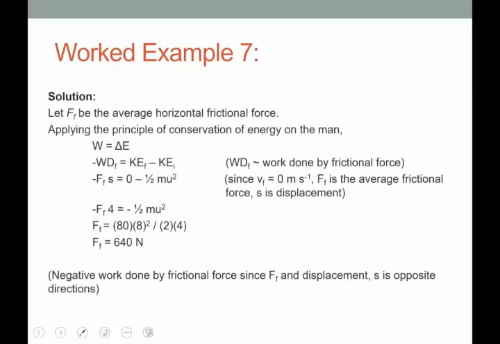So the solution: if we let F be the average horizontal frictional force, we apply the principle of conservation of energy on the man. Work done by friction is equal to the change in the energy of the man, final minus the initial.